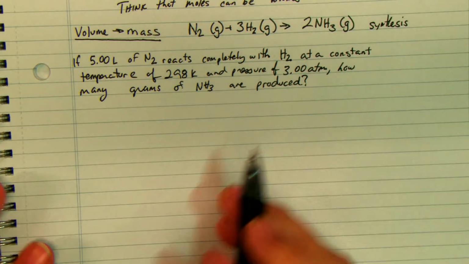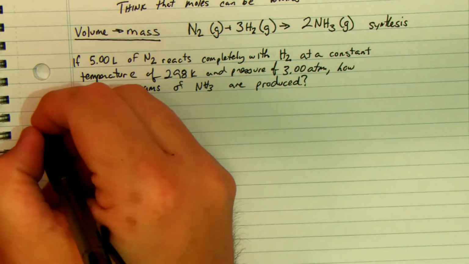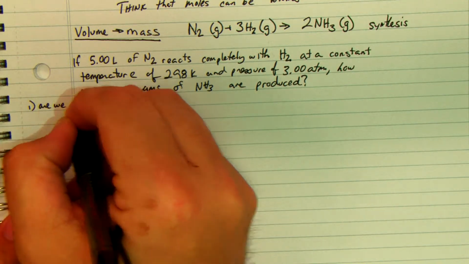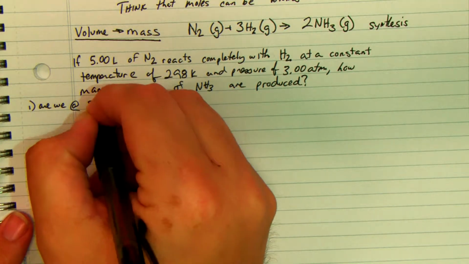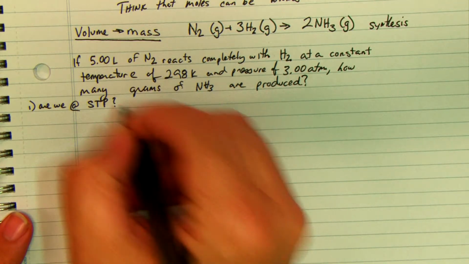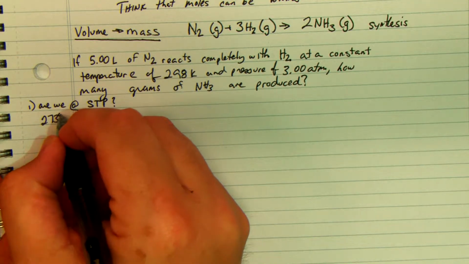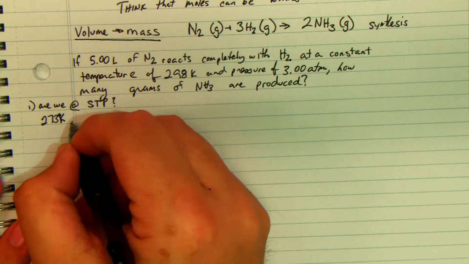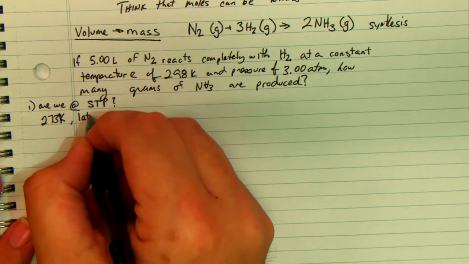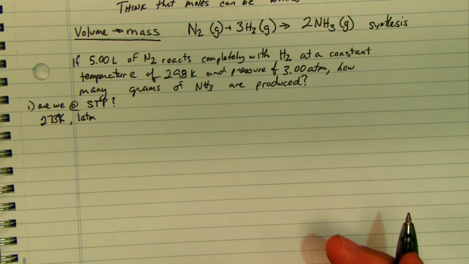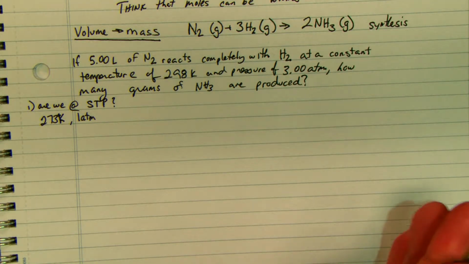Now, the first question that we need to ask, are we at standard temperature and pressure, which is 273 Kelvin and 1 atmosphere? Are we there? No, we're not there. So we're not at standard temperature and pressure.